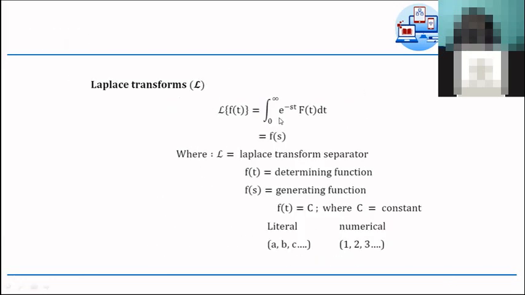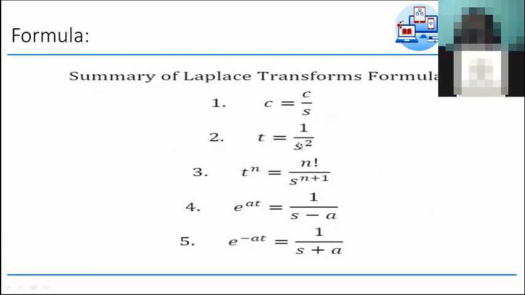Based on our discussion, we're going to use a generating function. So we're going to transform your function of t into the function of s. So the Laplace of the function of t is equal to the generating function of s.